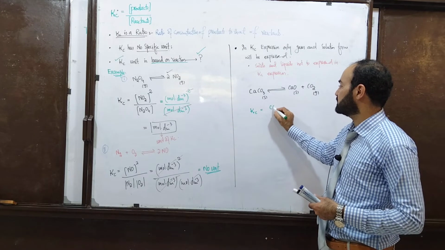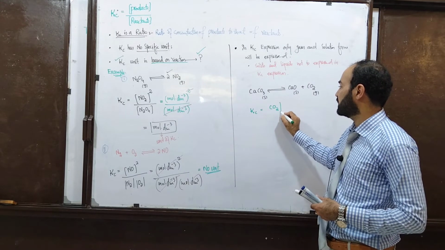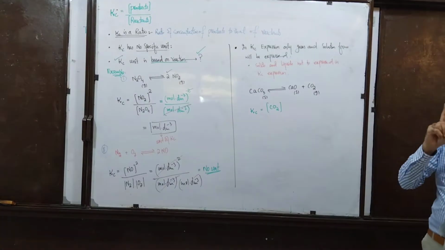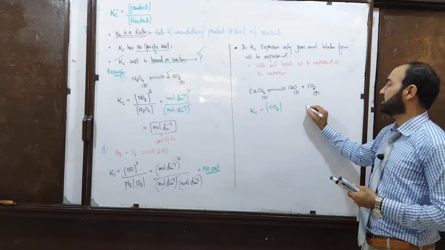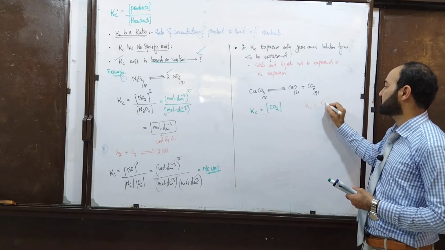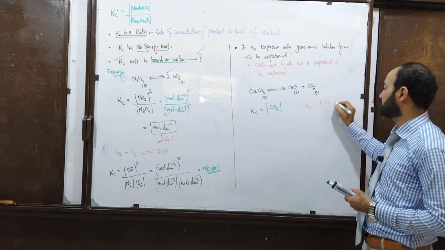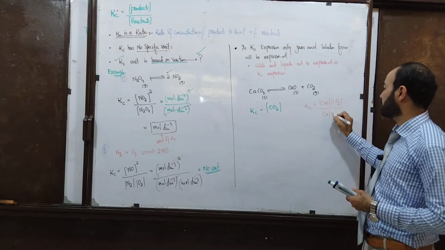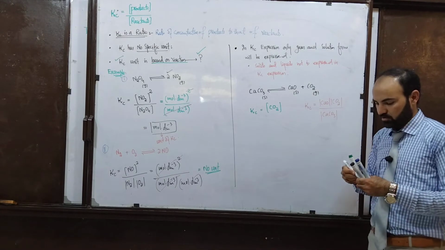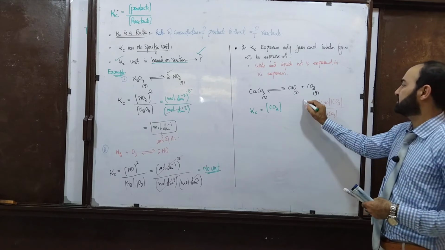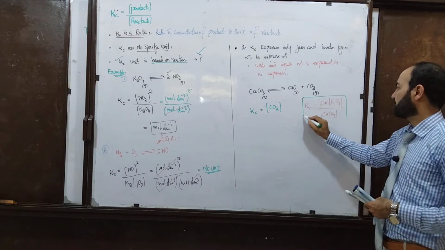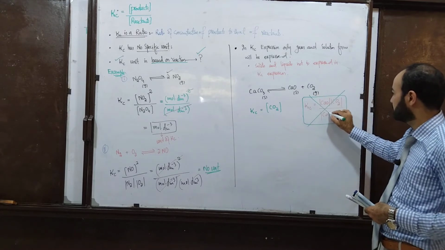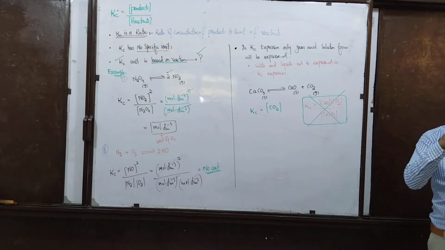That is, Kc is the molar concentration of the product carbon dioxide raised to power 1. But you will not write Kc for the equation as calcium oxide concentration times carbon dioxide concentration divided by calcium carbonate concentration. Now this one is considered wrong, because solids will not be mentioned.